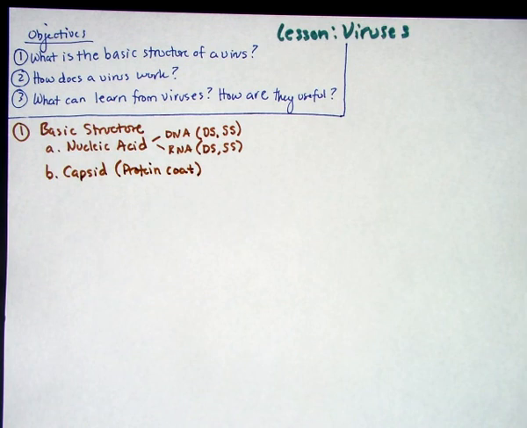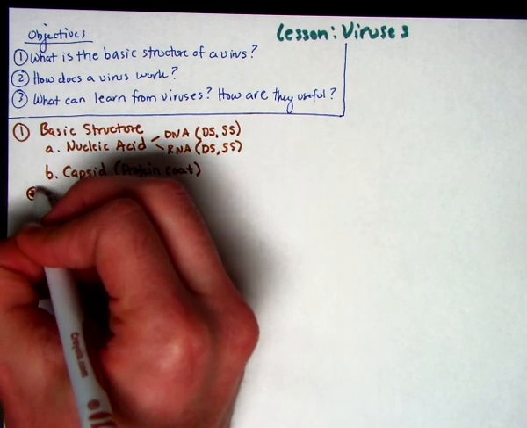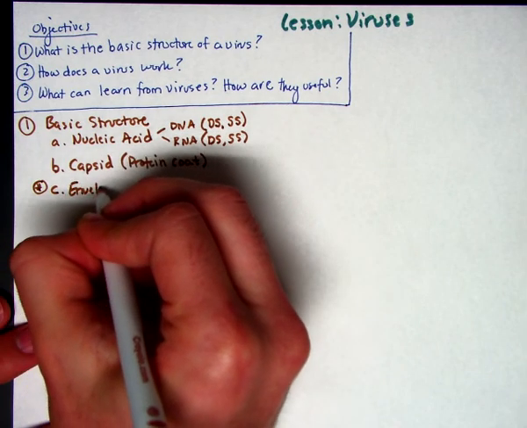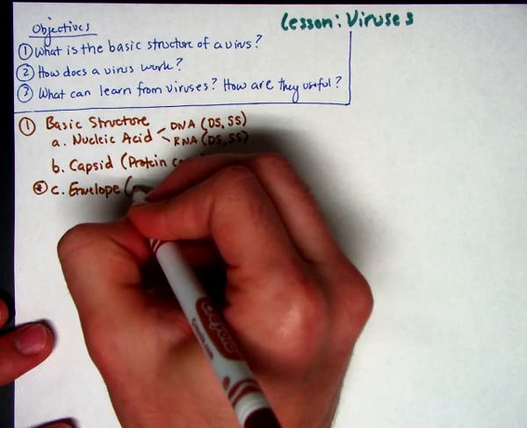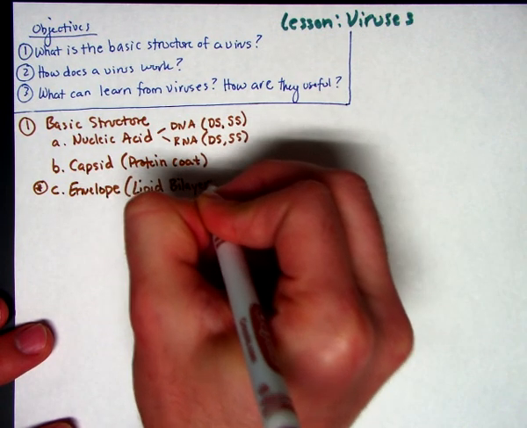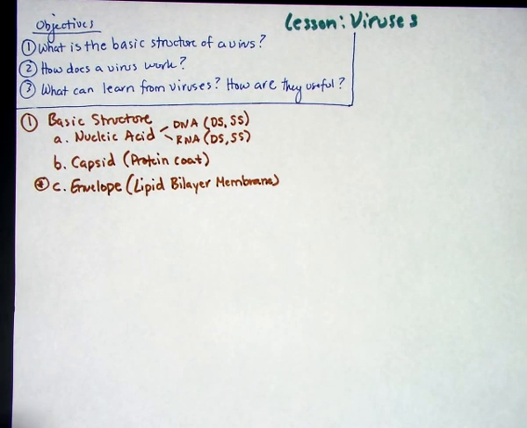Right, so you have a capsid, nucleic acid, and then sometimes, depending on the virus, we'll put a little asterisk here, sometimes they'll have something called an envelope, which is a lipid bilayer membrane. So some, similar to a cell, have a lipid bilayer that encompasses the capsid and the nucleic acid, kind of creating this bubble.